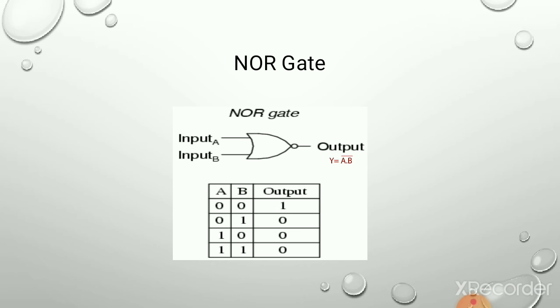Next, the NOR gate, like the NAND gate, can be used as a universal gate. The Boolean expression for the two input NOR gate is given by Y is equal to A plus B bar. Sorry, there is a mistake in this expression. Y is equal to (A plus B) bar, that is, Y is equal to (A plus B) complement.